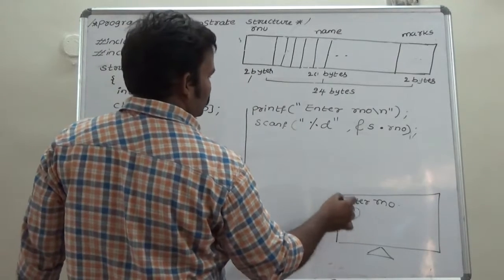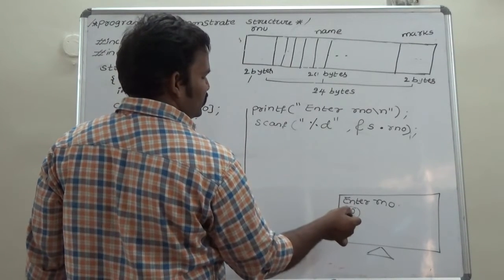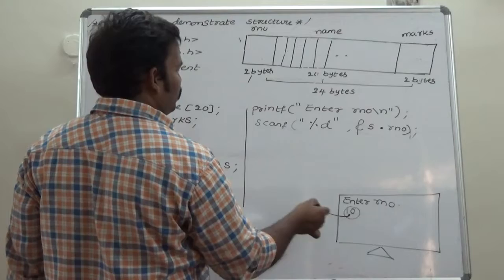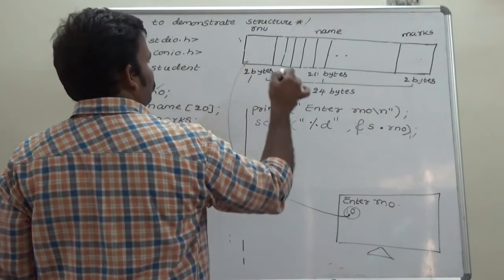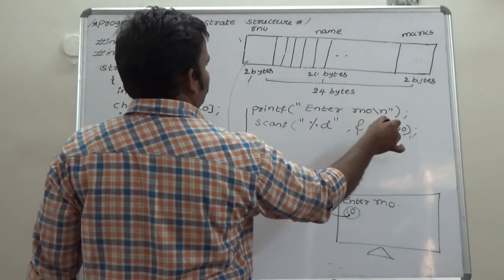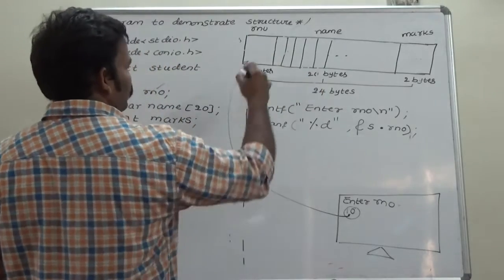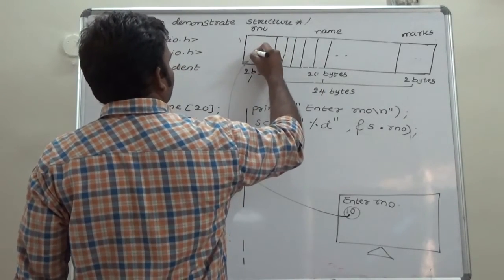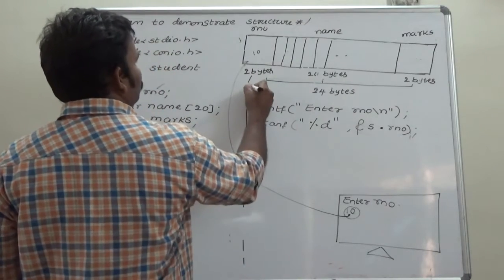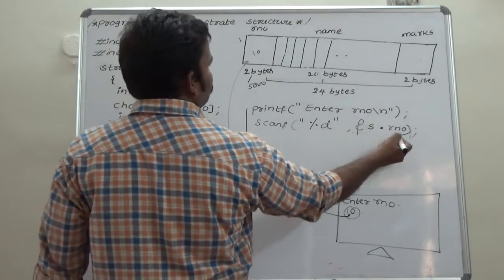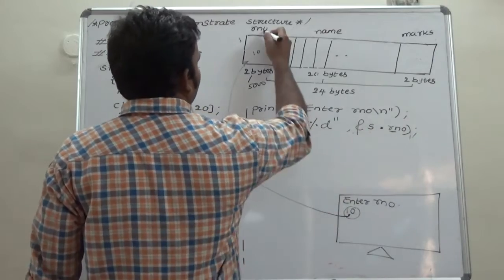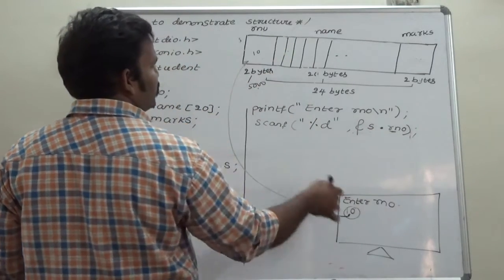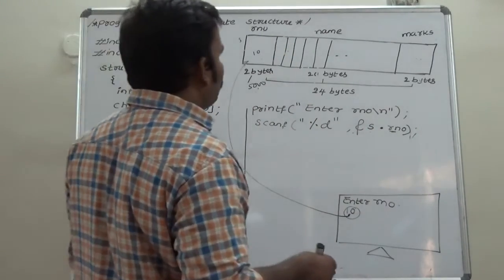The scanf function will read this number and that element will be assigned to this particular location, address of first member location. So 10. Suppose 5000. So address of s dot roll number means roll number address is 5000. So the first element will be stored into first location.